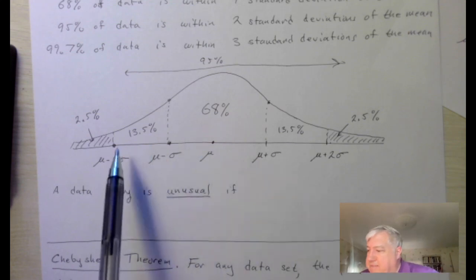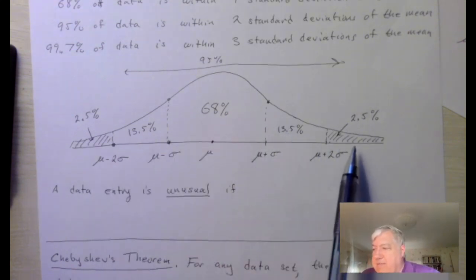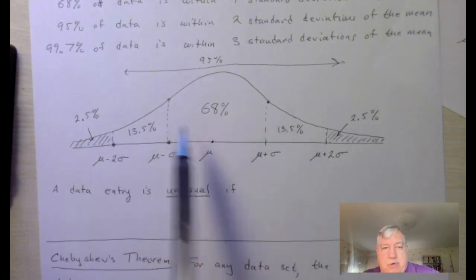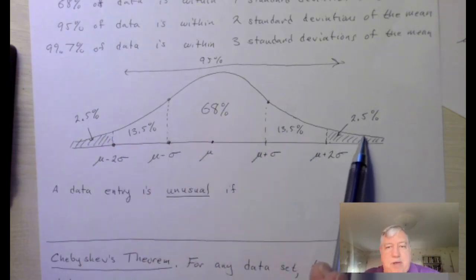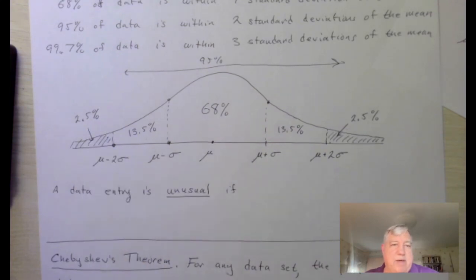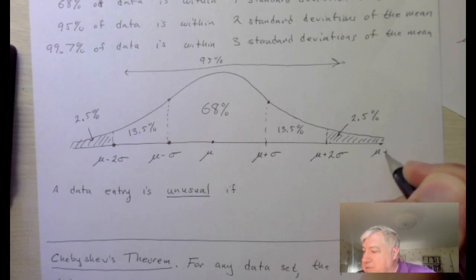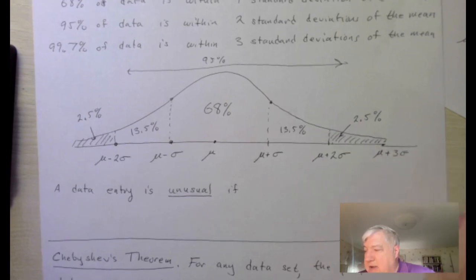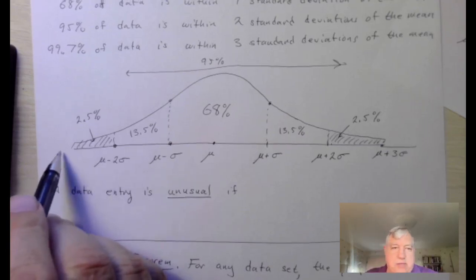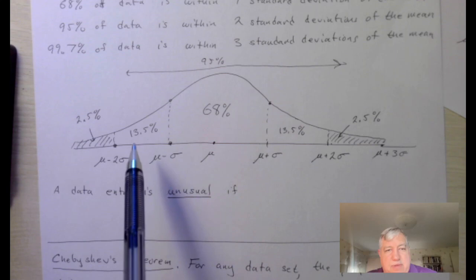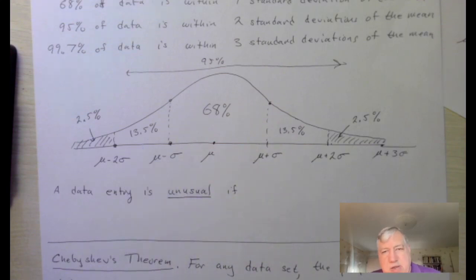Then if 95% of the values are in here, then 5% will be outside of this white region, so divide by 2, and you get 2.5% here and 2.5% here. And mu plus 3 sigma would be over here, and again something over here. But we're really just saying that if something is more than 2 standard deviations from the mean, we're going to call that unusual.